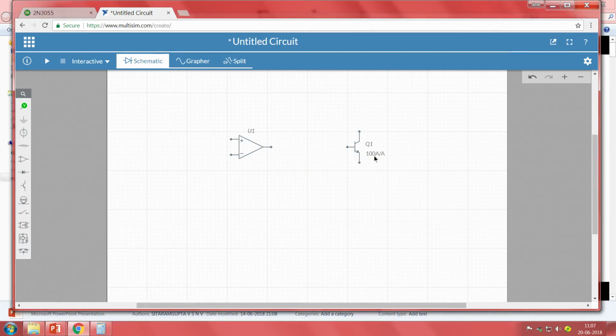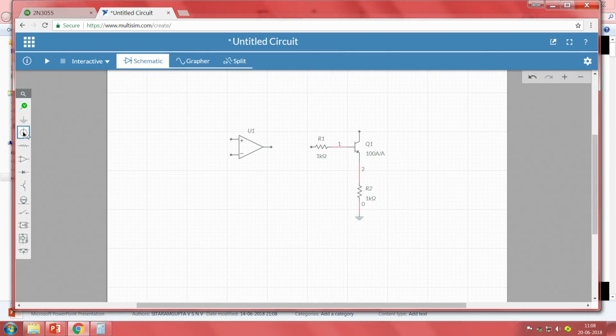Okay, I will take one more resistor, and one more resistor here. Let me rotate. Connecting, and this is to be connected to the ground.